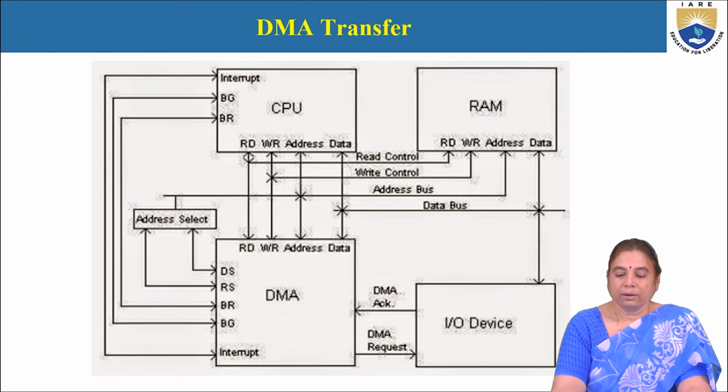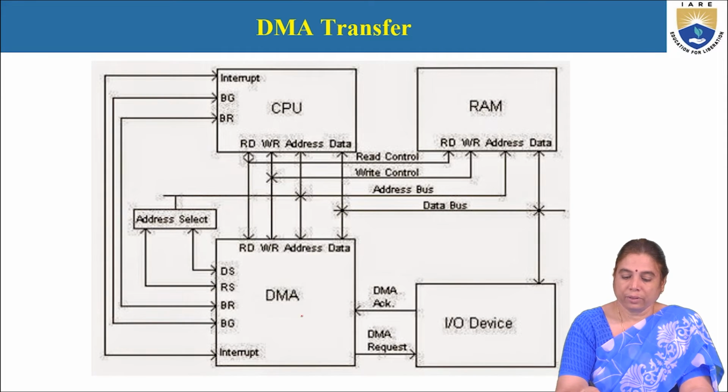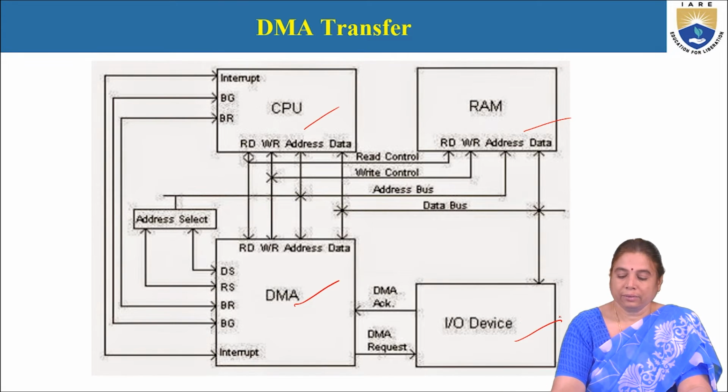So this is the DMA transfer. Here is the DMA, this is the CPU, this is the internal memory, and here are the IO devices. Whenever the IO devices require service, a DMA request has to be sent.